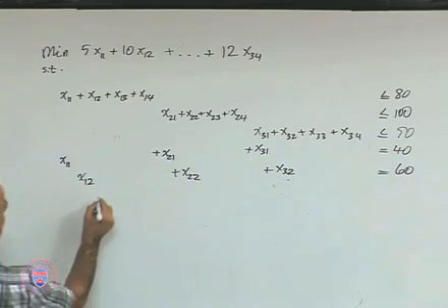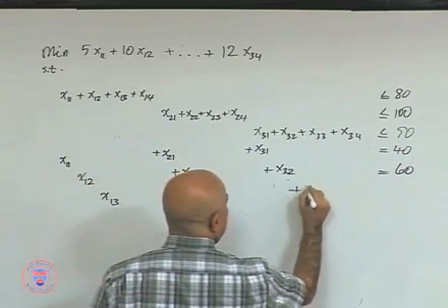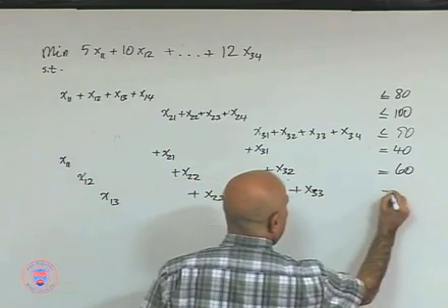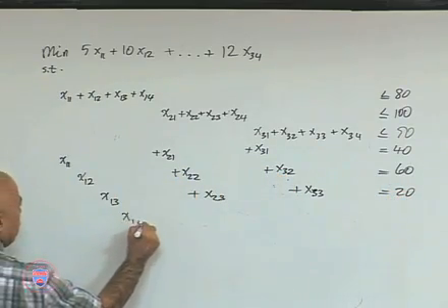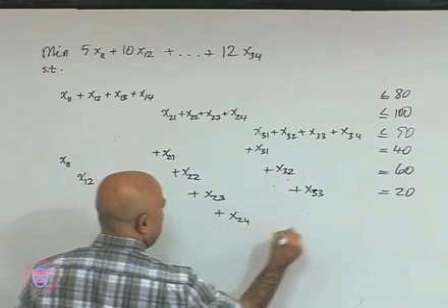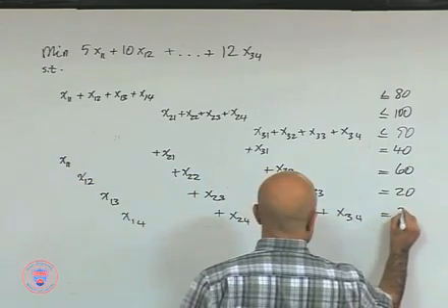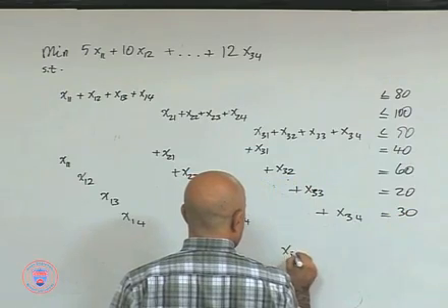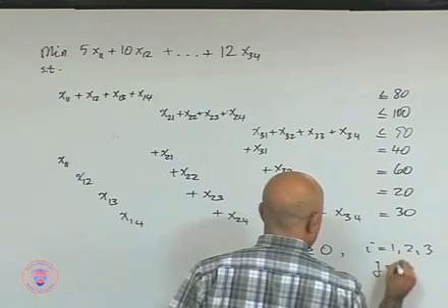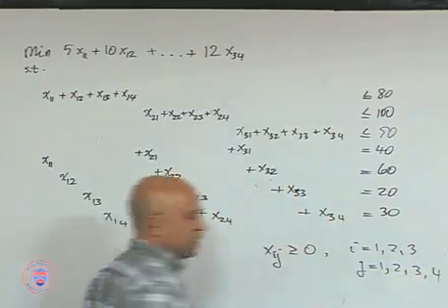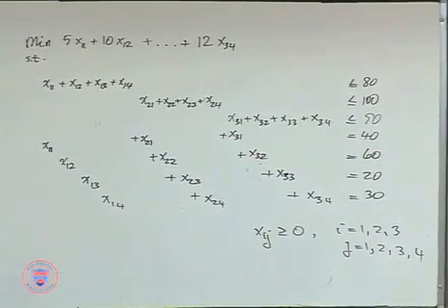The third sink, x13, x23, x33 equals 20, and x14, x24, x34 equals 30. And finally, your non-negativity constraints. Okay? All right, now you can see the structure.